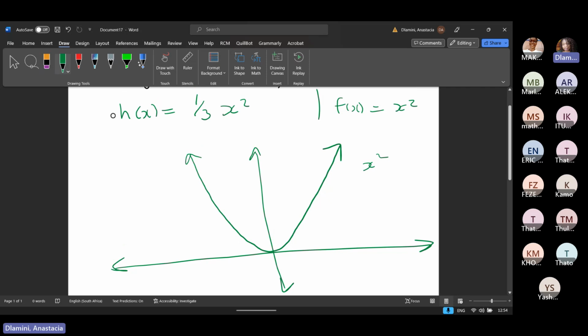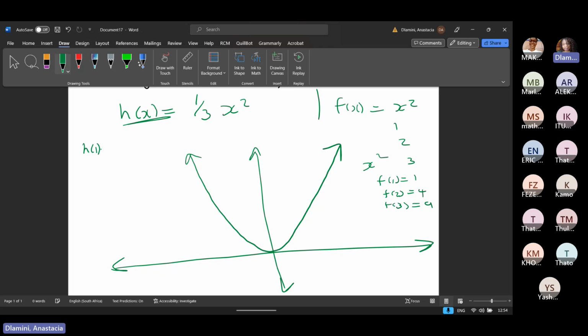Now, just to take values, let's take 1, let's take 2, let's take 3 still. We know that f of 1 is equal to 1, f of 2 is equal to 4, f of 3 is equal to 9. Now we take the same values and substitute for h.